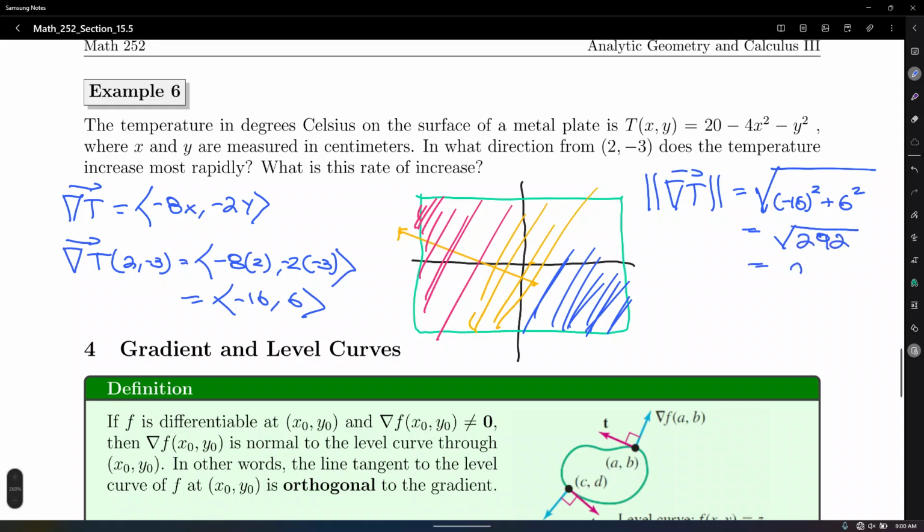I believe this is 2 times the root of 73. So that means that for every meter that we move in that direction, the temperature increases by 2 root of 73 degrees. So the magnitude is the rate of change. It's the maximum rate of change. If we go in the opposite direction, we would find, what was that? Negative, right?